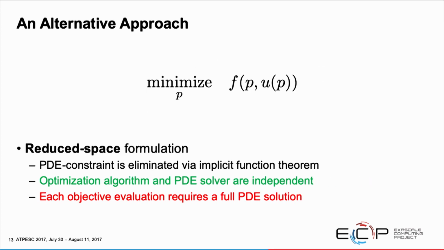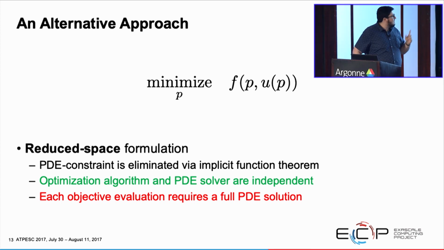To address that, we go to what's known as a reduced space formulation. This is where we use the implicit function theorem to eliminate the constraint. The state variables just become a function of the parameters, and now it's decoupled.